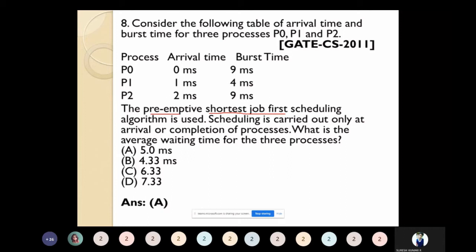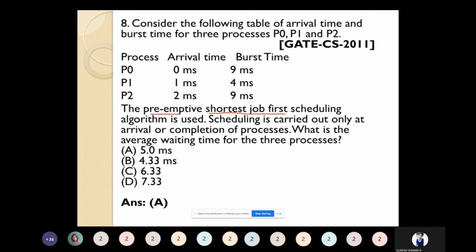So in preemptive SJF scheduling, jobs are put in a ready queue as they arrive. That is, when they arrive, the jobs are put in the ready queue. The process with the shortest burst time begins execution first.